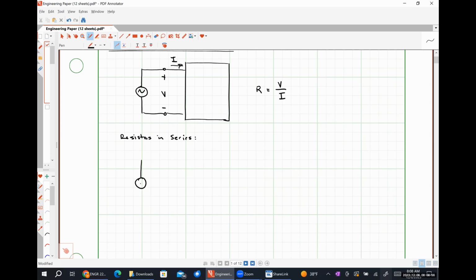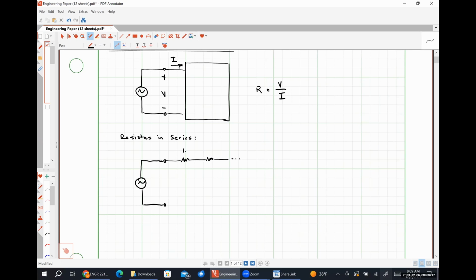Here's my excitation network, just representing some sort of source. Here are my terminals. And then let's say that my network contains some number of resistors connected strictly in series.